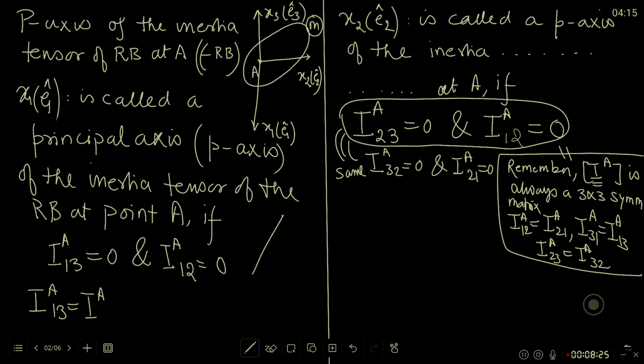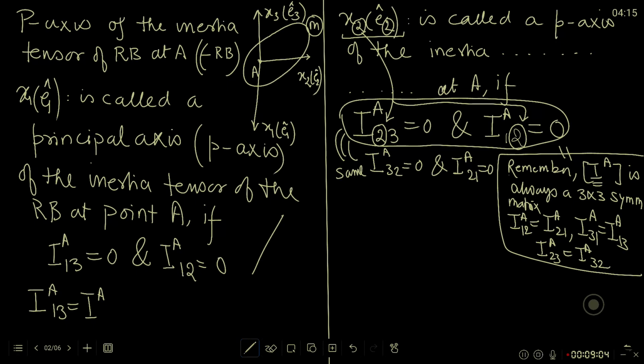What is important, if x2 e2 is a principal axis, is that those off-diagonal components of the inertia matrix which involve 2 as an index are 0. So see, 2 is here, and for x2 e2 to be a principal axis, all the off-diagonal components of the inertia matrix that have one index as 2 have to be 0. Then only x2 e2 will be called a principal axis.